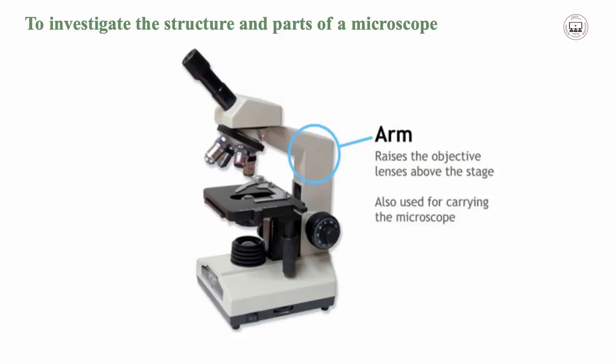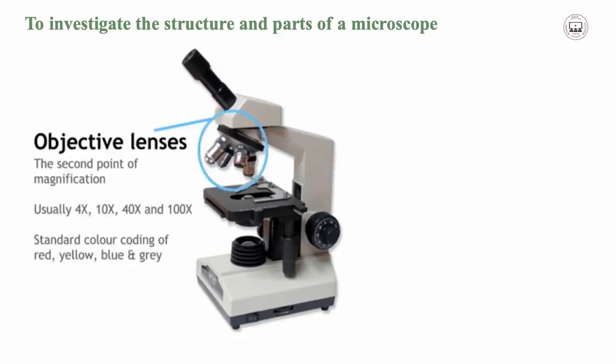The arm. The arm is like the backbone to the microscope. It raises the objective lenses above the stage, and is also the place where we use to carry the microscope from one place to another. The objective lenses. This is the second point of magnification. They revolve around on what is called the nose piece.